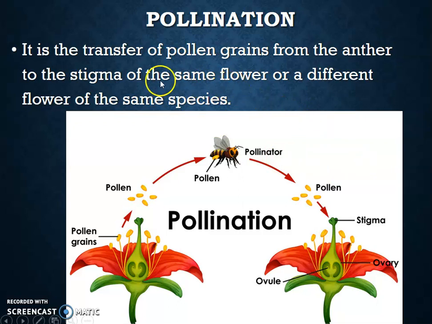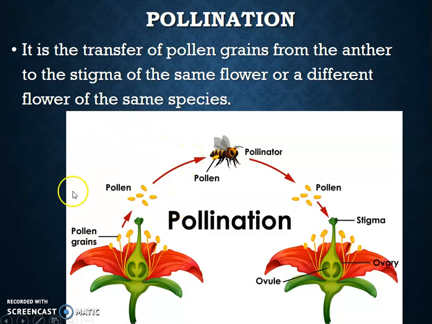Now, the reason why we're emphasizing the same species is that you can't use the pollen grain from a plant like an orange to fertilize a plant like purple. Though it's pollen grain, of course, and it will fall onto the stigma of the purple, because they belong to different species, it does not help in the process of fertilization.